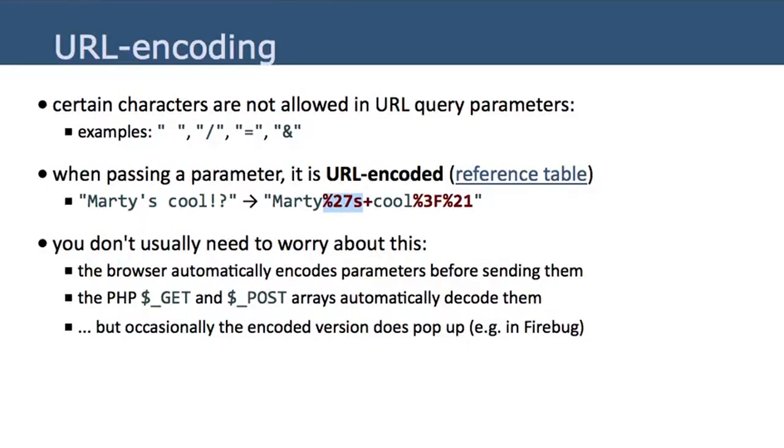This is an example of an apostrophe getting converted to %27, exclamation mark, question mark, those get converted to %3F, %21. All of the escape sequences are % followed by a hexadecimal sequence. So you'll oftentimes see that. We won't actually need to deal with this very much because PHP automatically converts them back into the original characters. But you'll often see these in URLs.